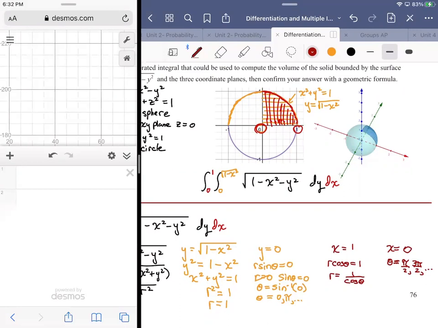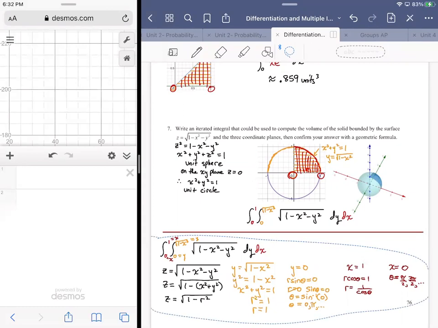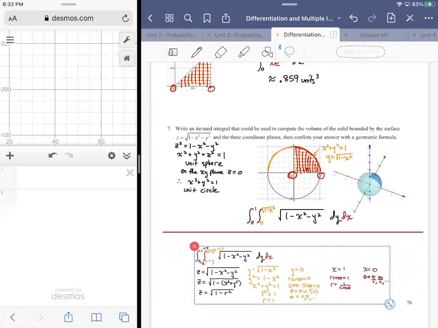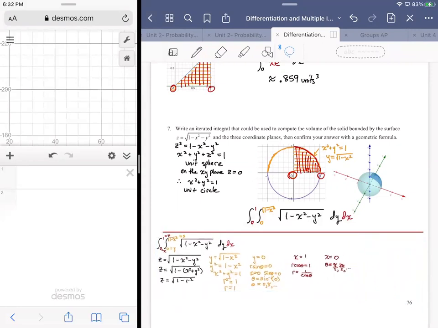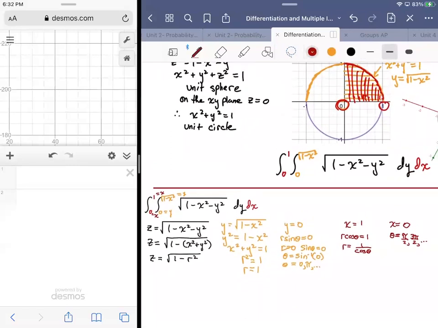Right. So now it's a matter of getting to work on it. So I'm going to shrink this down a little bit, give myself some space underneath. All right, so I'm going to have a double integral.